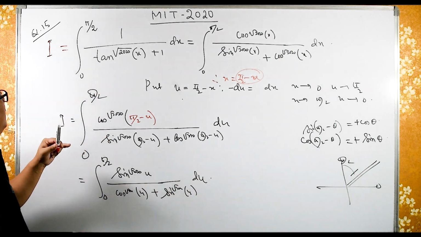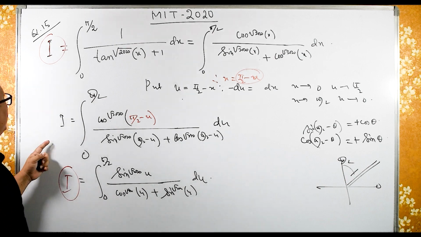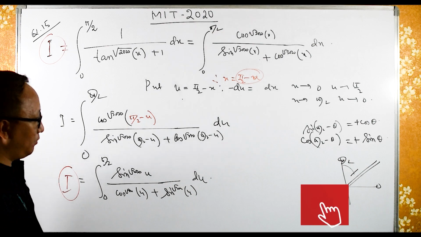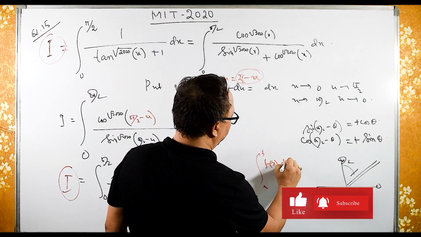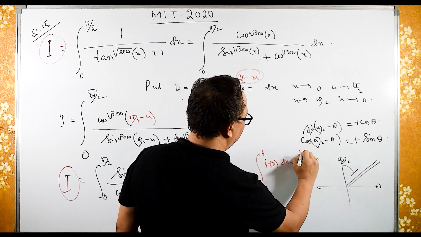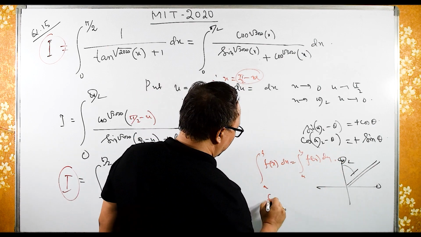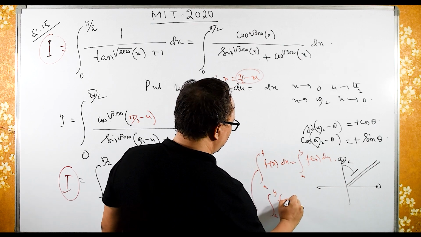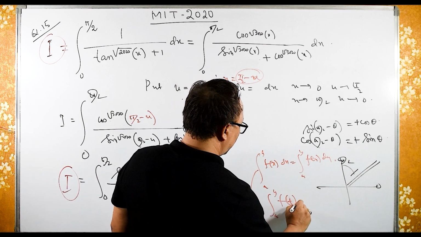Now we have this integral, 1. This integral is I. We have the integral from a to b of f of x dx equals the integral from a to b of f of y dy. We can choose any variable. This is the same as the integral from a to b of f of t dt.